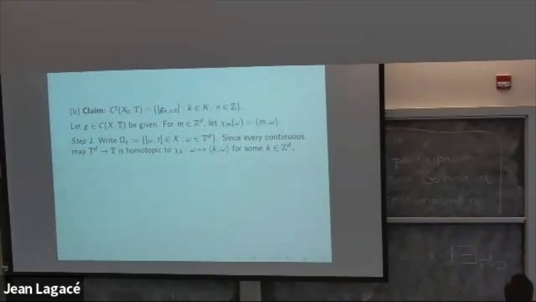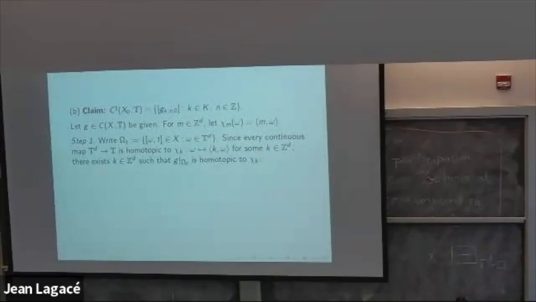So this is what I want to do. I have all these slices here, and I restrict my continuous function on the whole thing to a slice, invoke the statement that it's homotopic to a character, and then I have all these characters indexed by t. But then, since the whole thing is continuous, that character has to vary continuously with t, and therefore has to be constant. That's how you choose your k.